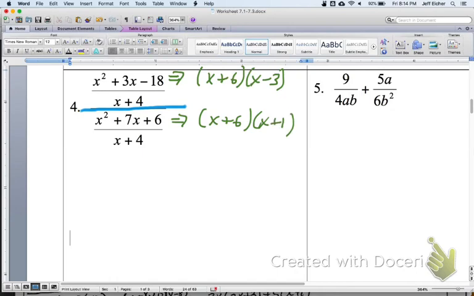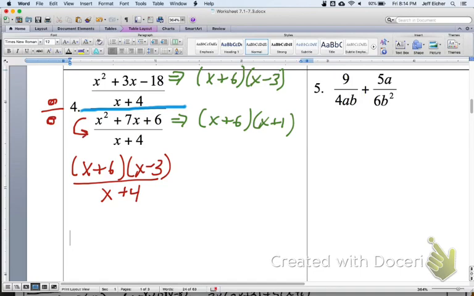Okay, so now let's rewrite. The top fraction is x plus 6 times x minus 3 over x plus 4. And we're dividing by this. So if we want to change it to multiplication, we'll flip that fraction to be x plus 4. This x plus 4 is in the top now.